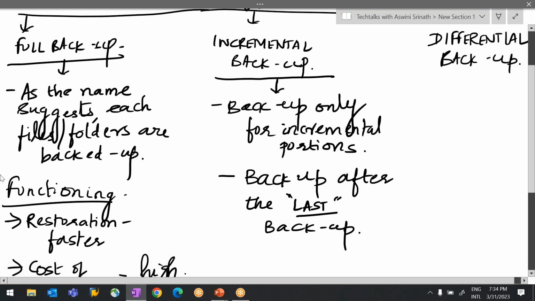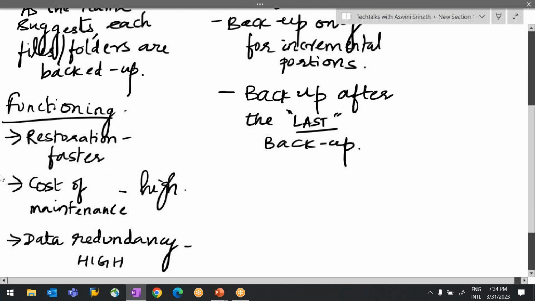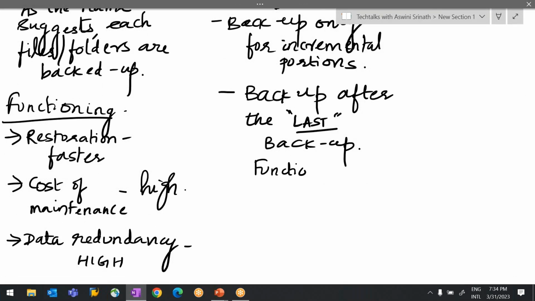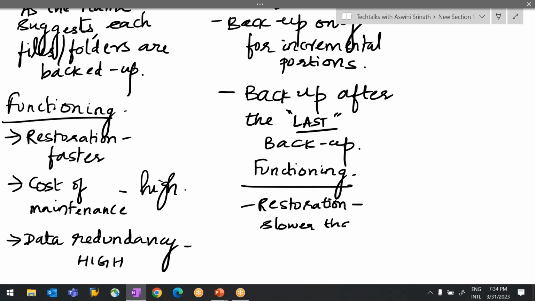What is the functioning of incremental backup? Restoration is comparatively slower, since you have to refer to multiple files for taking the full backup. It is not one single file. So you have to refer to multiple incremental backups to take out the full backup of the data.